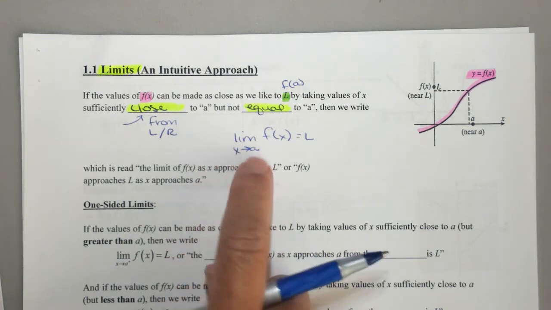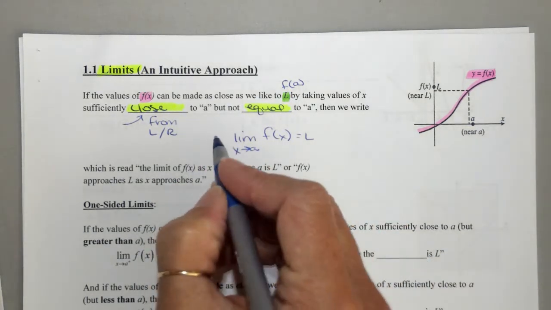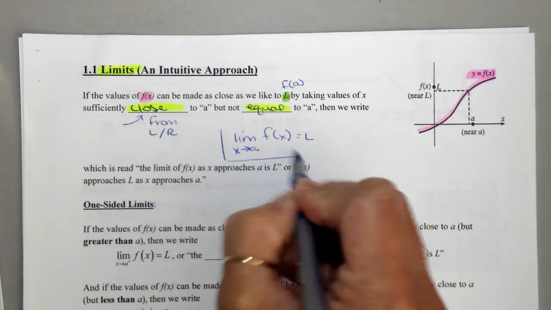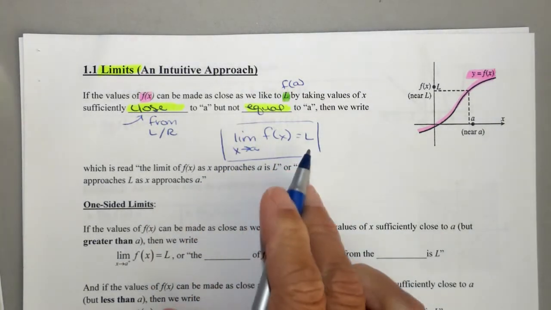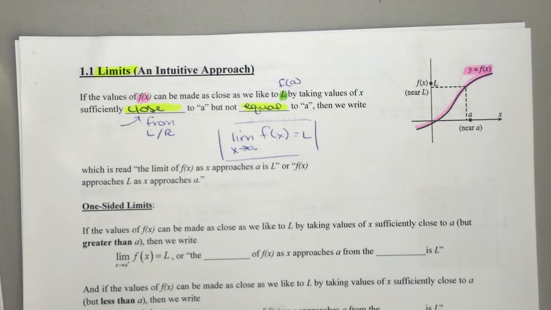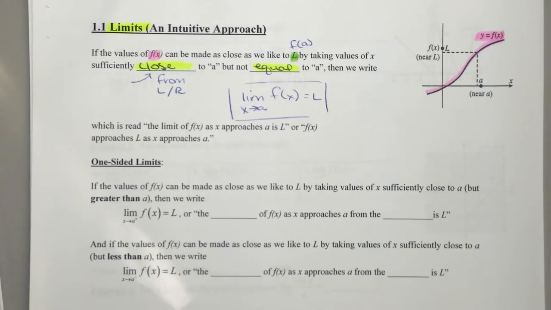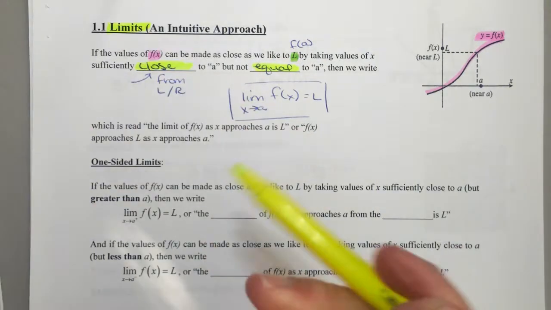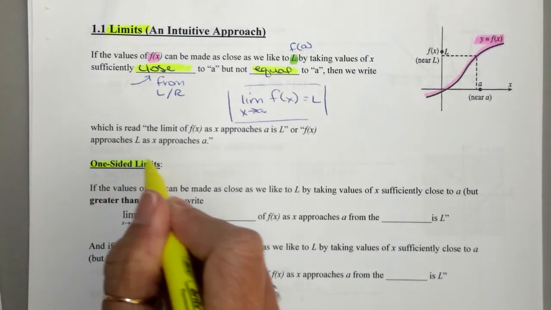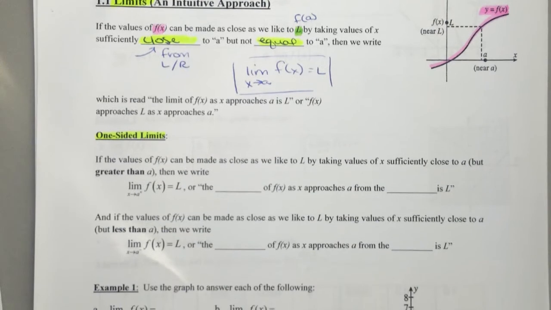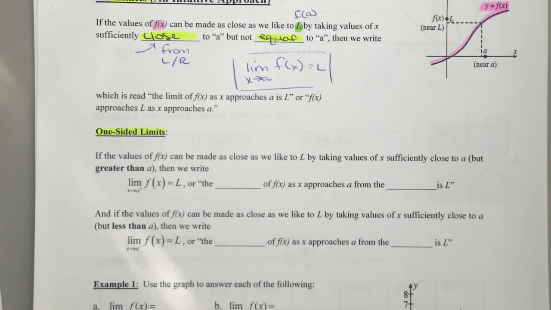There are so many different ways that you can read this, but this is the notation that you need to be familiar with. Will we always get an answer? No, not always. So the way we look at this first is by looking at one-sided limits, meaning we're taking a look only as we're approaching from one side.